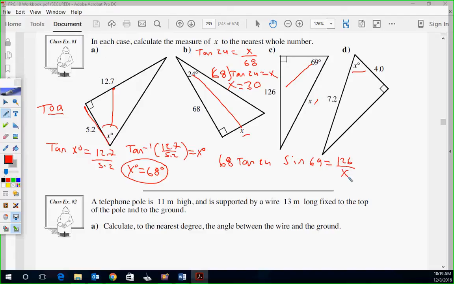Remember, the quick step you can do is that these switch spots. Sine 69 goes underneath, x goes here. So what is x there? 135. And that makes sense because it's the biggest side.